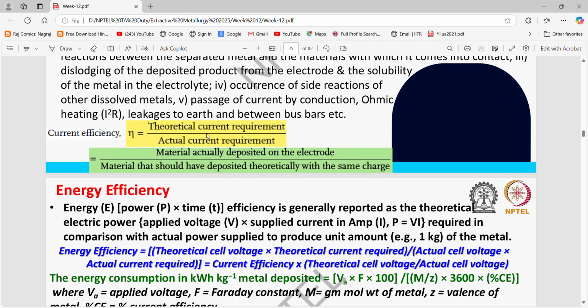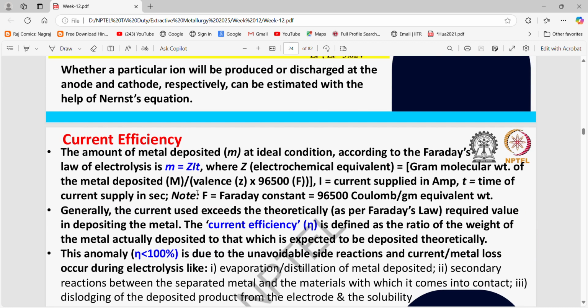While on the other hand, if we talk in terms of material, let's say we have applied a current of 6 ampere. With the help of Faraday's law of electrolysis, we can calculate the theoretical amount of material which can be deposited using this 6 ampere current.